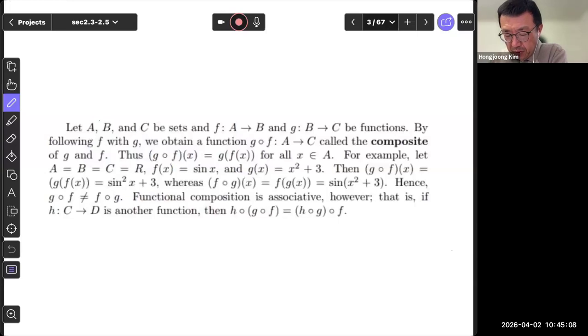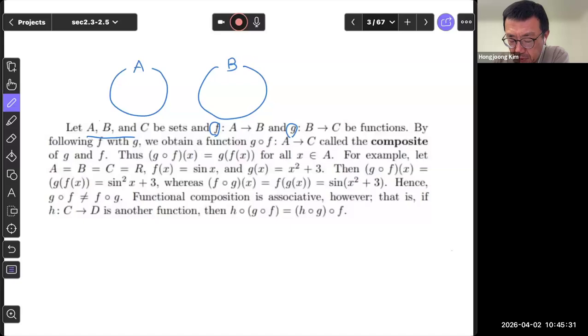Okay, before we consider something new, let me review the definition of the composite. Suppose that we have three sets, A, B, and C, and we have two functions, f and g. F is a mapping from A to B, and g is a mapping from B to C. So F maps certain x to f of x.